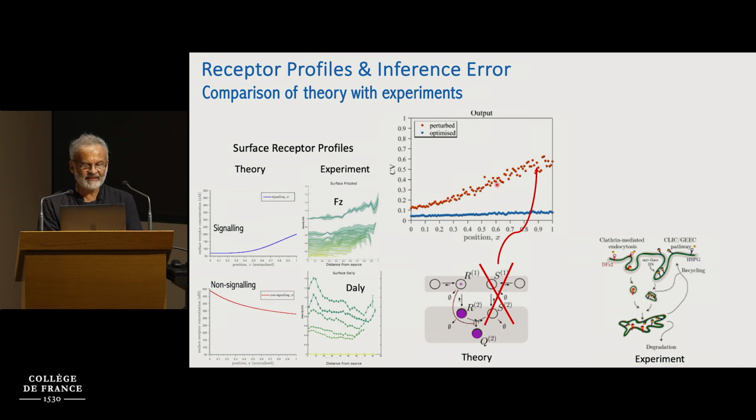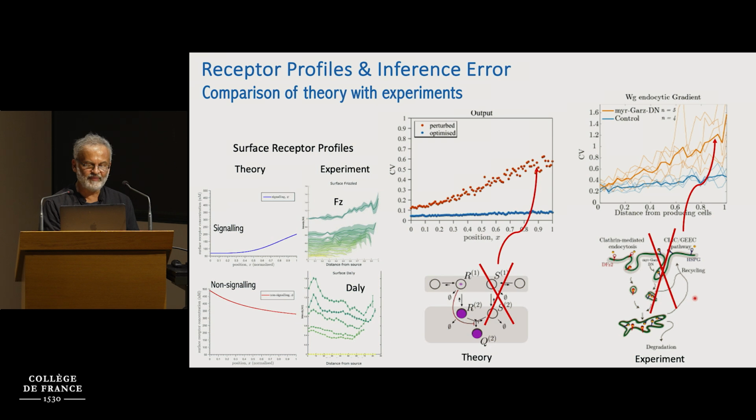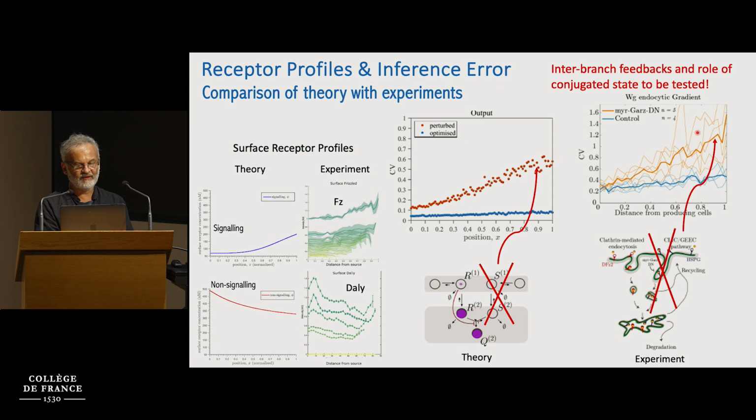Okay. Chaitra can do the same. She can get rid of this branch by using a dominant negative version of a key protein, which is involved in the internalization of the non-signaling receptor. And by doing so, she finds that the wild type in blue gets converted to the orange in the mutant. Okay? Very similar to what is predicted by the theory.